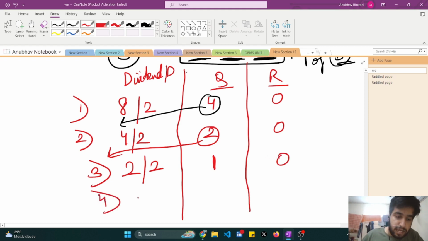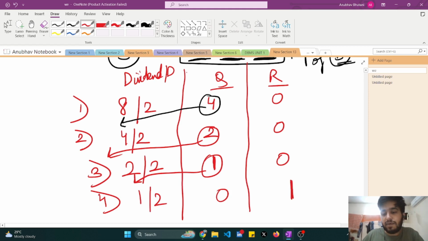If I perform the same step, I'll make my quotient my dividend and divide it by 2. I'll get 0, and I'll get the remainder as 1, because we are basically dividing a smaller element by a bigger element.